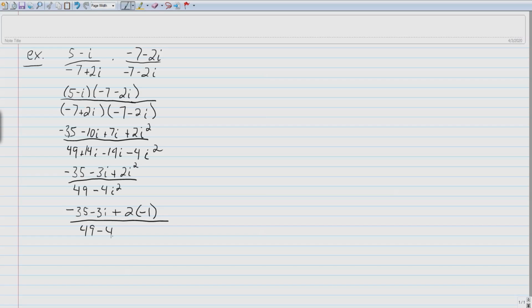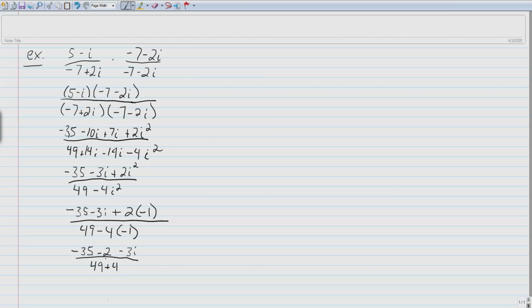And in the denominator, you'd have 4 times negative 1. So that in the numerator, negative 35. And now this negative 2, right, is minus 2. I can collect those like terms. Minus 3i. And 49 plus 4 would become the denominator.